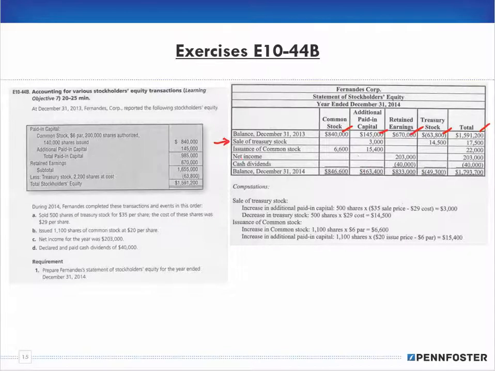And 500 shares at $35 a share is $17,500, right? So that's my total amount, but it is broken down.